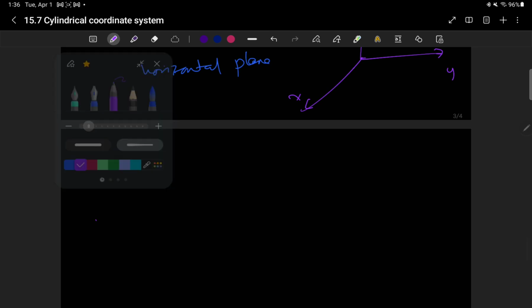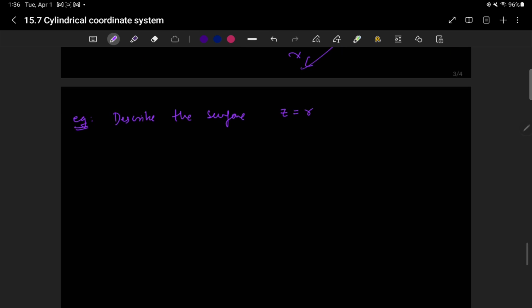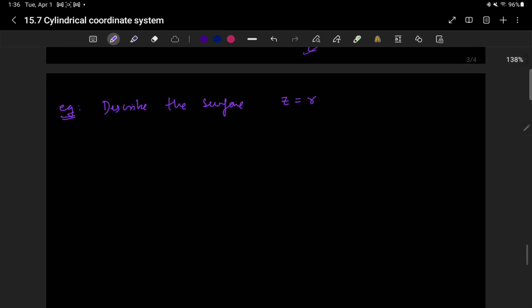Let's do one last example of understanding different surfaces. In this example, it says describe the surface z equals r. So what we're saying here is we're working with a surface which has the equation z equals r. So the height depends on the radius.